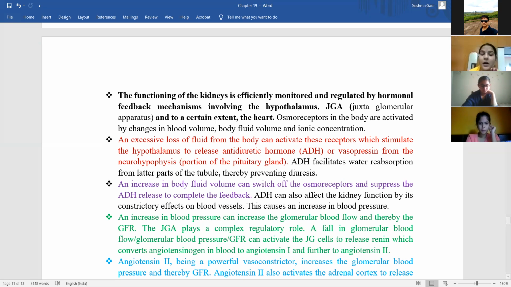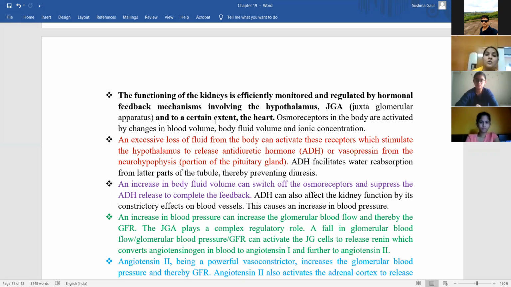If the volume of the blood or body fluids changes, or the concentration of ions present in the body increases or decreases, then the osmoreceptors can sense these changes. They get activated.